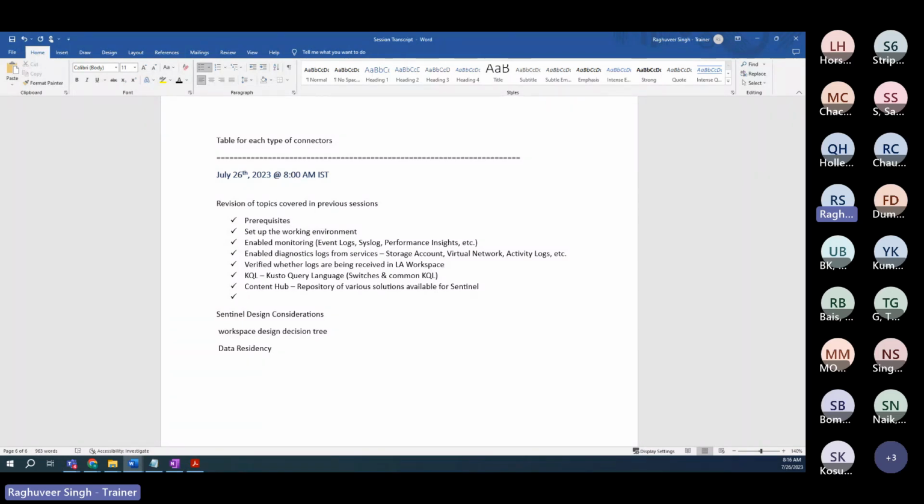So that's what Microsoft does. Earlier you would have analytics rules, workbooks, playbooks, connectors, all separate. But now Microsoft has put everything together into the Content Hub in the form of a solution.